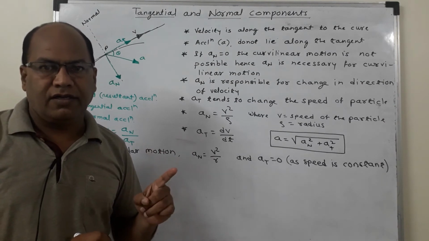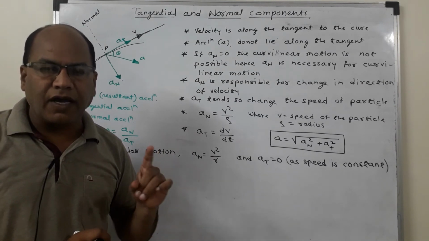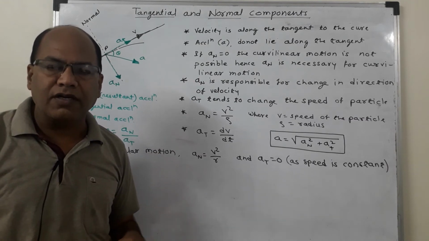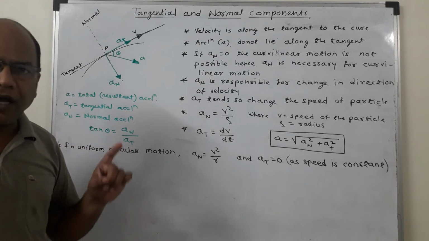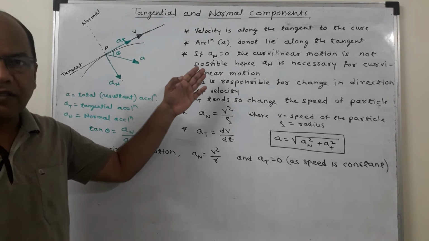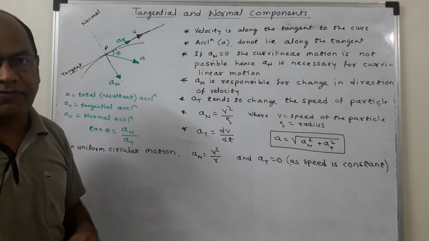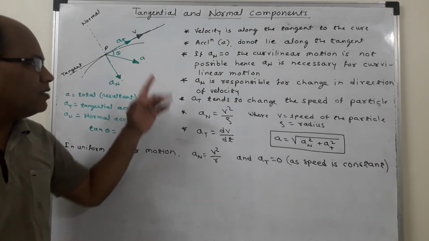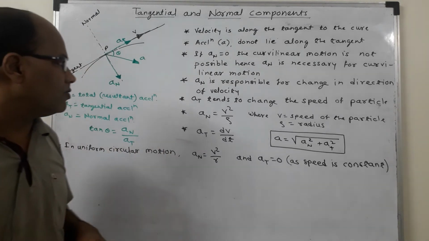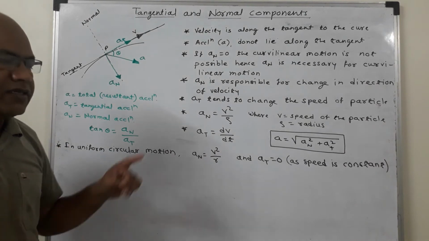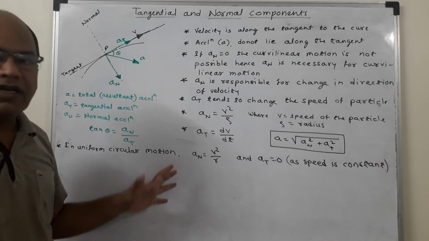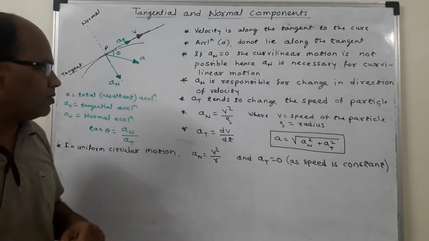So if an, the normal component of acceleration, is 0, then curvilinear motion is not possible, and that is why the normal component of acceleration is necessary for curvilinear motion, whereas the tangential component of acceleration results in change in magnitude of velocity. So an is responsible for the change in direction and it is the necessary component of acceleration. Without an, the curvilinear motion is not possible.